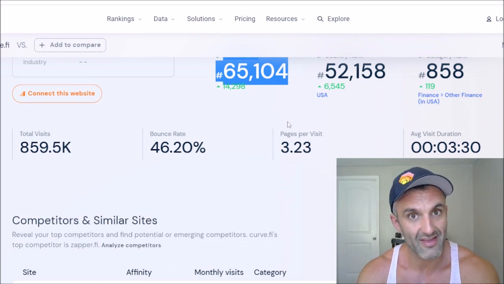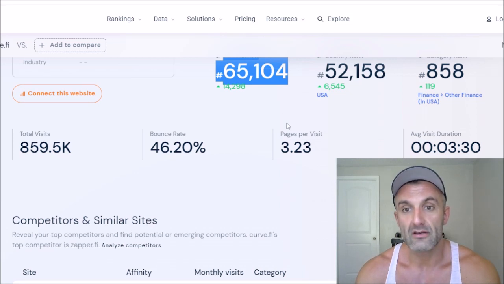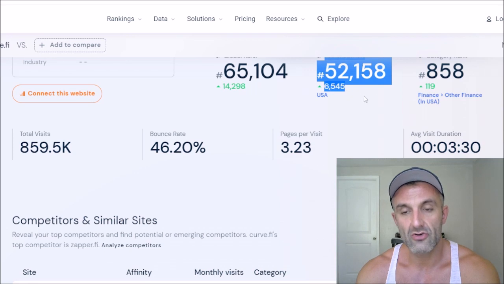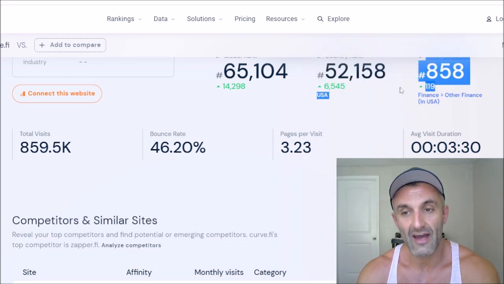Pretty good, 65,000. That's pretty darn good. Remember, there's millions of websites, and relative to last month, they're growing, right? 14,000 spots, so that's good. In the United States, 52,000. In the category of finance, they're in the top 1,000 sites. Wow, that's pretty good, right?